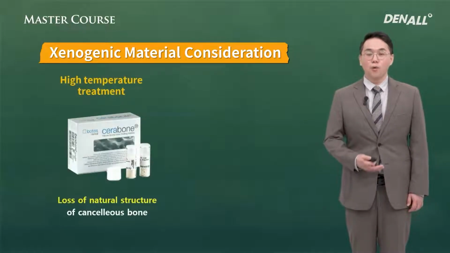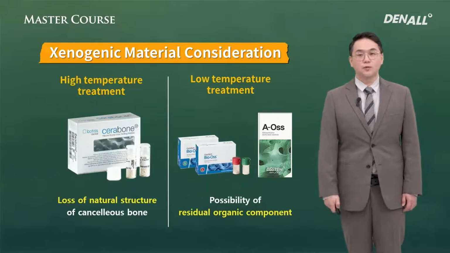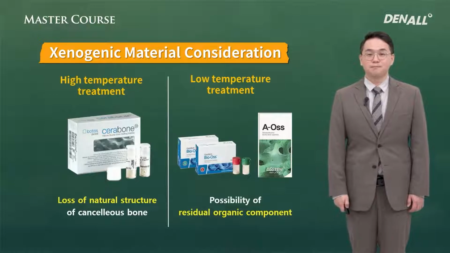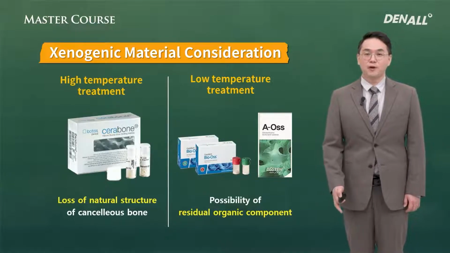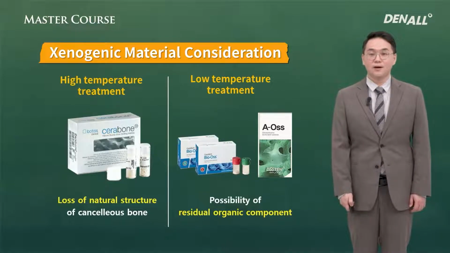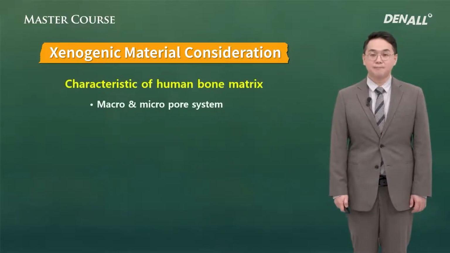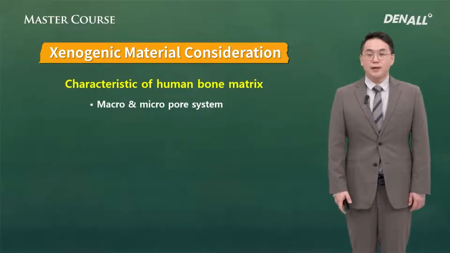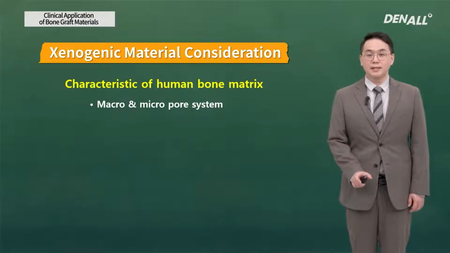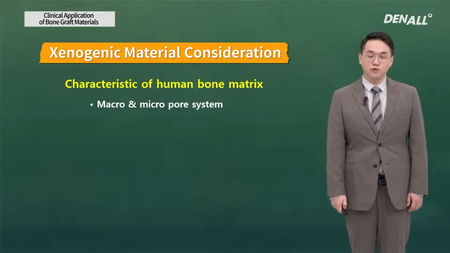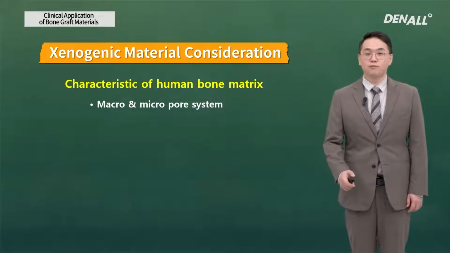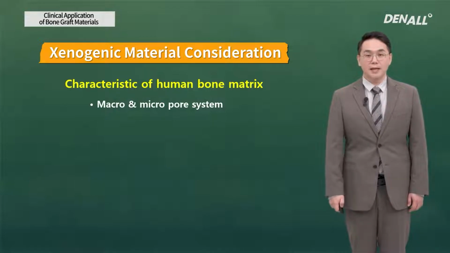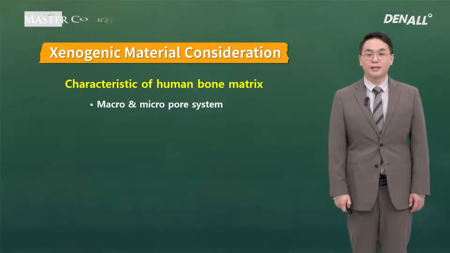Depending on the temperature, we have high and low temperature treatments. If it is higher than 600 degrees Celsius, it is high, and lower than that, it is low temperature treatment. When we use xenograft or alloplast, ultimately, we want to make them similar to the cancellous bone of human beings so that osteoblasts can adhere to the xenograft.